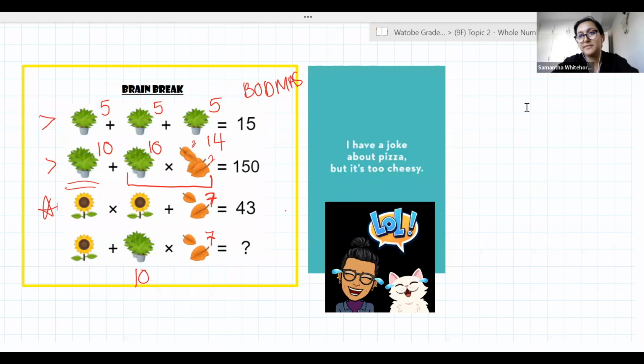Dimpo, do you want to help me here? It's gonna be 6 times 6 plus 7, which is gonna be 43. Perfect. So 6 times 6 is 36 plus 7 exactly gives me 43. So now I know the sunflower is 6.